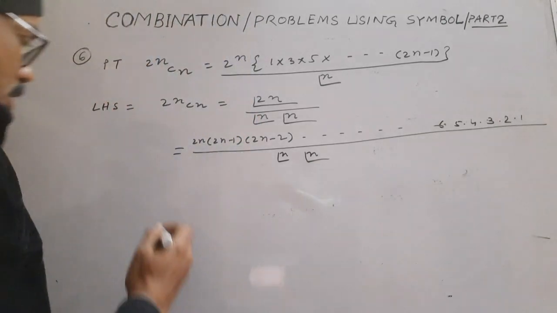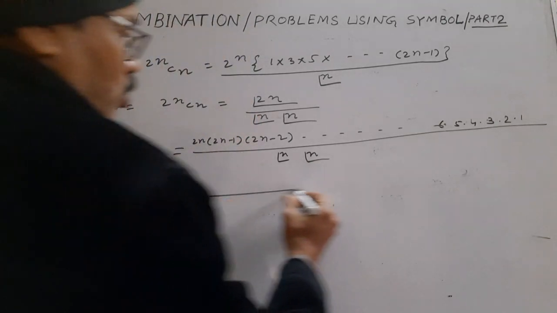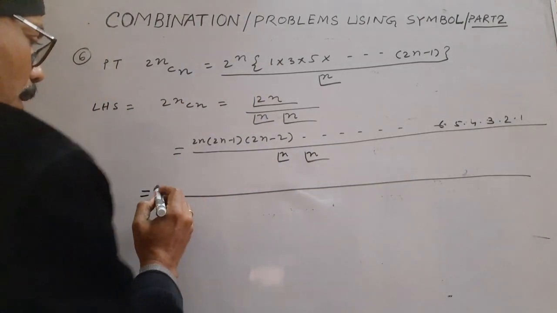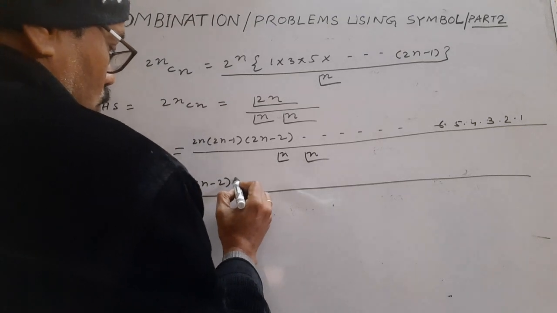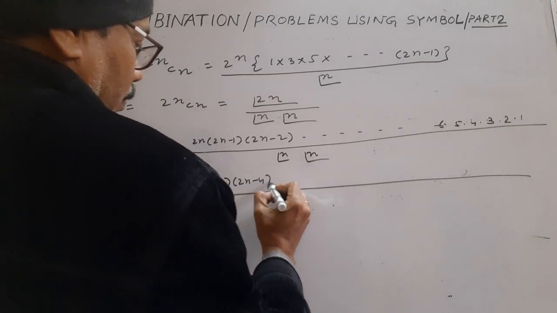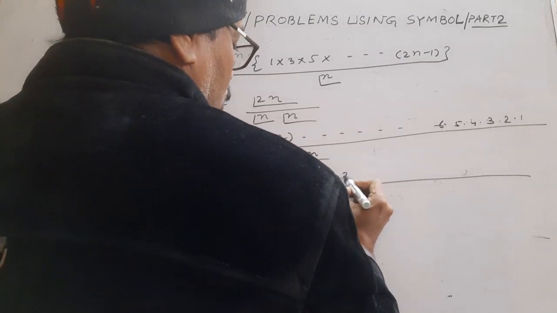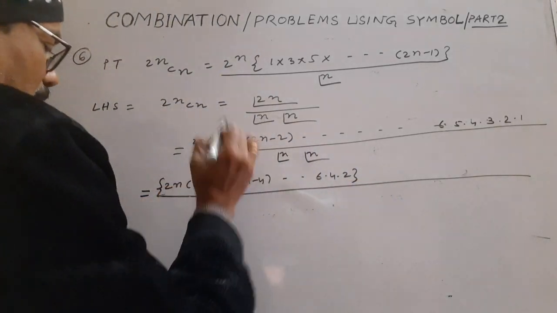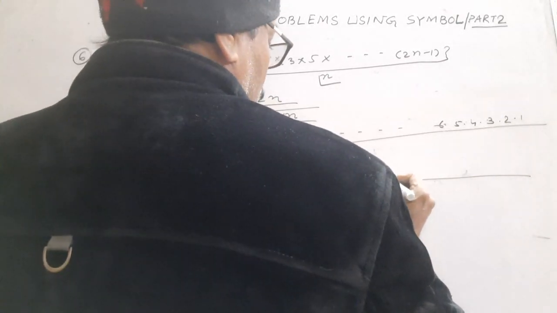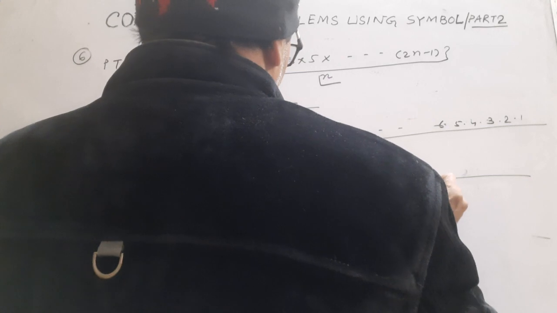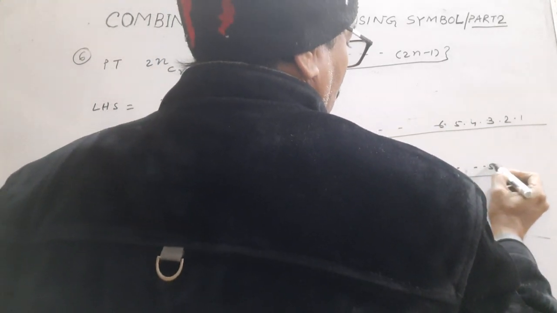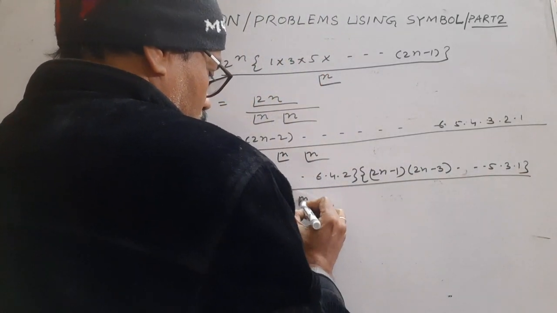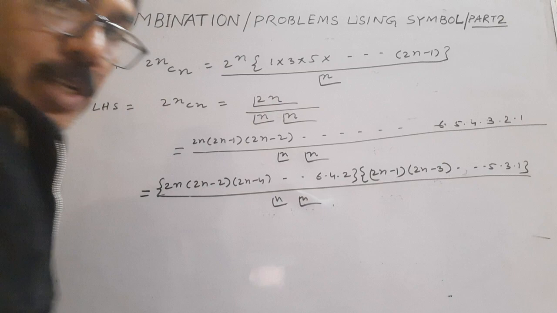So we consider them in two separate brackets. 2n, 2n minus 2, 2n minus 4, down to 6, 4, 2. These are n numbers. And 2n minus 1, 2n minus 3, down to 5, 3, 1. Over factorial n into factorial n.